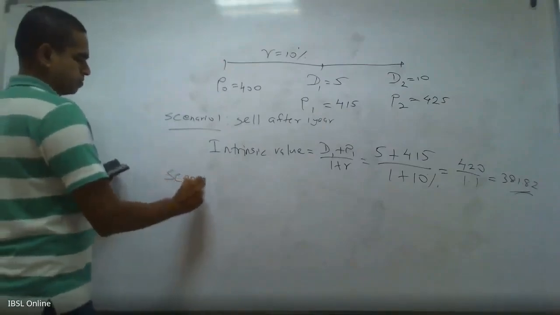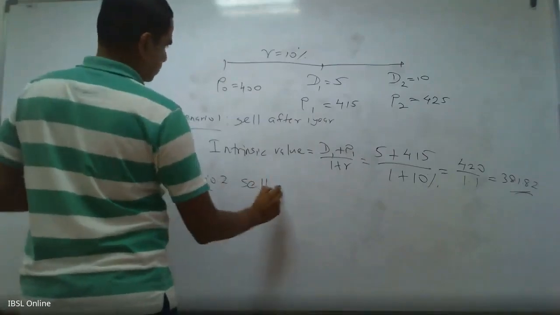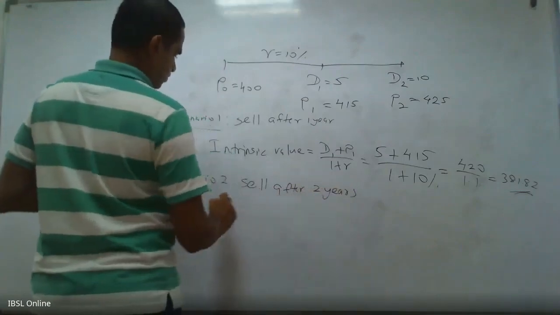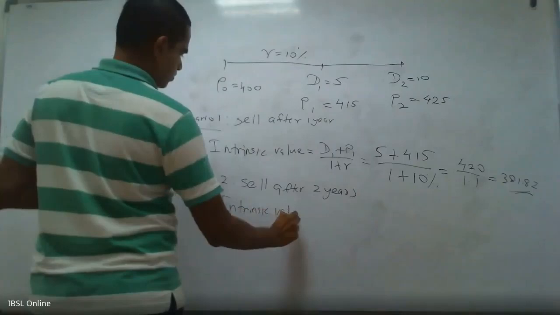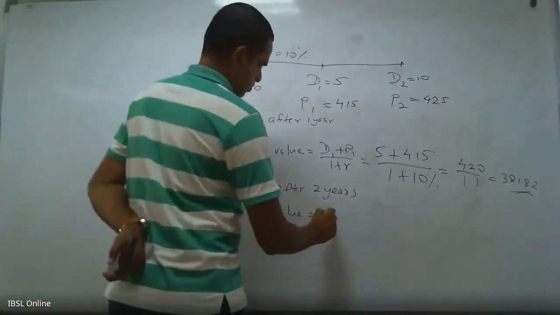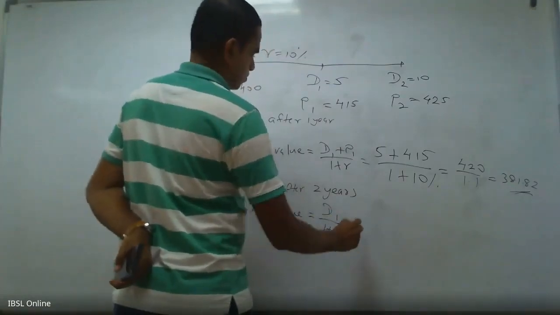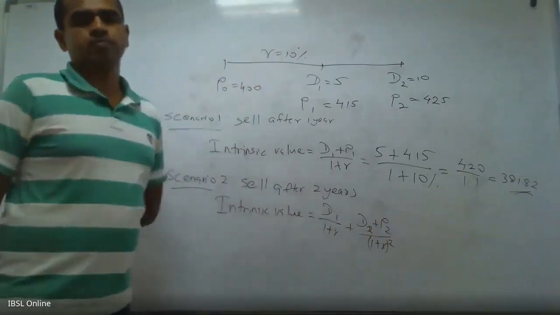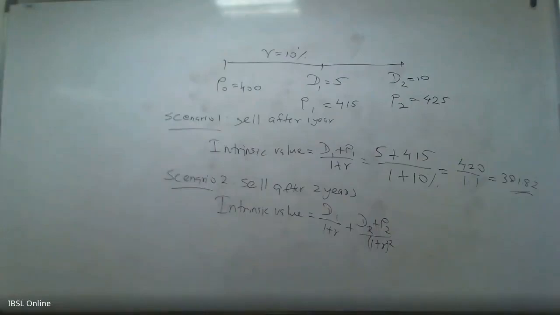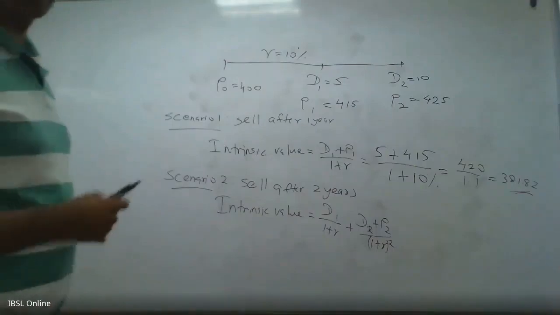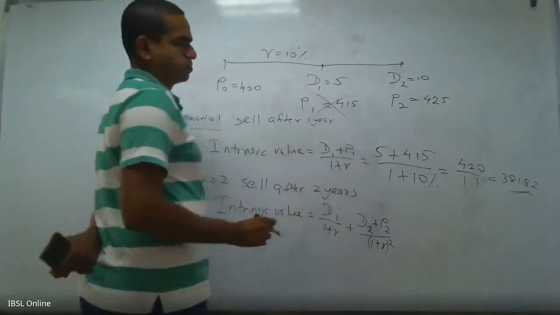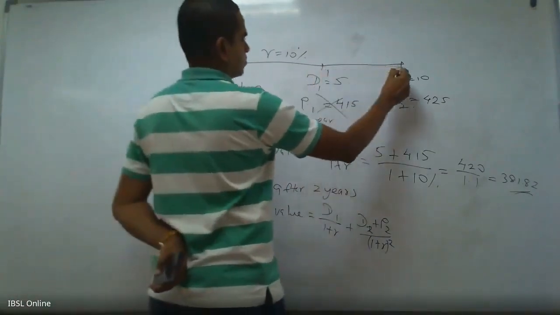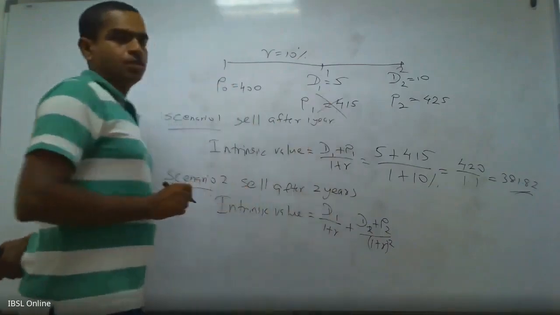And scenario 2. Sell after 2 years. So the intrinsic value will be... Because you are not selling in year 1, the only cash flow you will receive in year 1 is D1, the first year dividend.